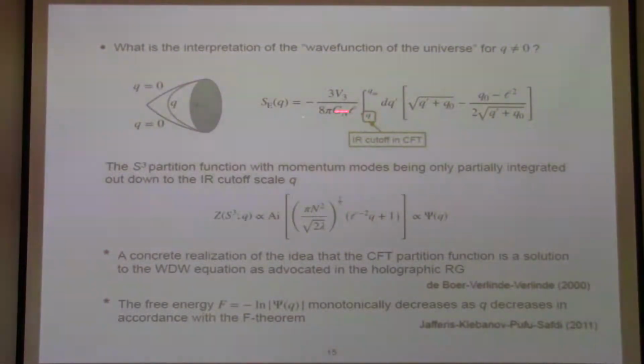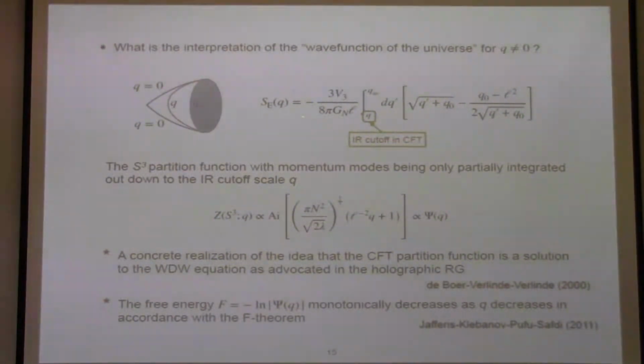Then if we cut off the geometry at some finite q, we have q in the lower limit of this integration. And so if we do so, then this partition function with this infrared cutoff dependence is precisely this wave function you get from the Fourier-Duet equation.